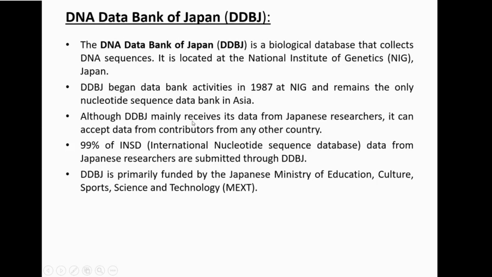Although DDBJ mainly receives its data from Japanese researchers, it can also accept data from contributors from any other country. 99% of INSD data from Japanese researchers are submitted through DDBJ. The DDBJ is primarily funded by the Japanese Ministry of Education, Culture, Sports, Science and Technology, MEXT.